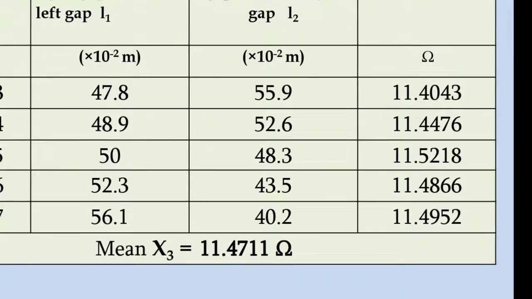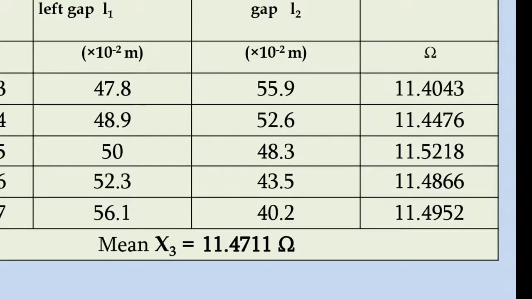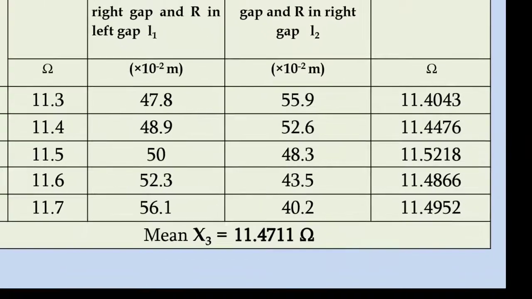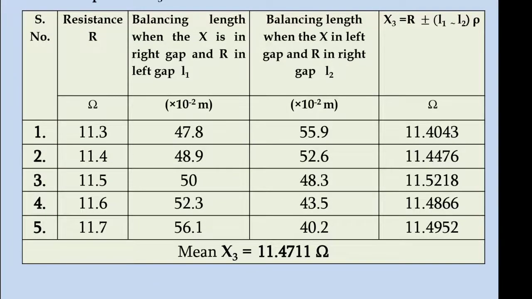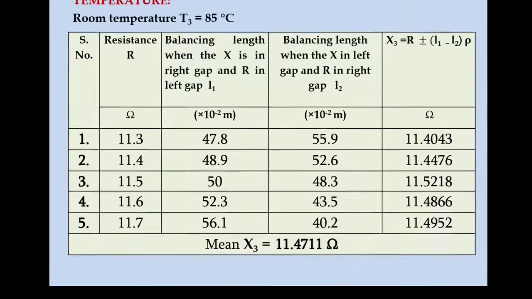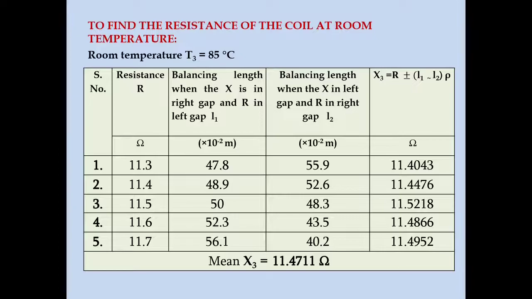Calculating this way, we got the values of X3 as 11.4043, 11.4476, 11.5218, 11.4866, 11.4952. Averaging out all these values, we got 11.4711 ohm. So again this clearly states that as the temperature increases, the resistance of the coil has also increased.